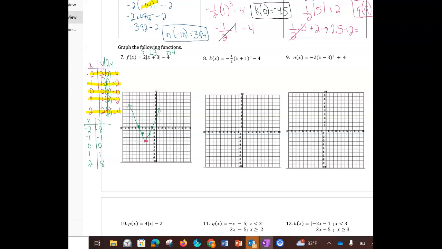So now when I look at my transformations, I will have a flip, a compress, which will affect all of these y's. So I'm going to multiply all of these y's by negative half. So all of them times negative half.